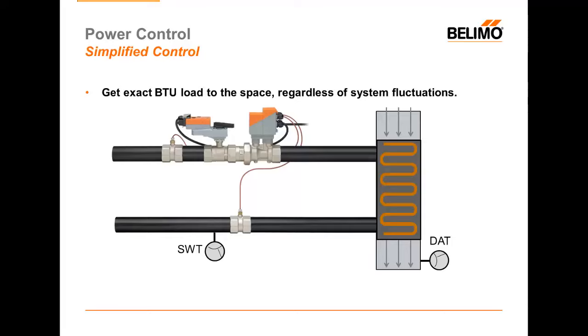When that is disrupted, the control system will notice this disruption and send a signal to the valve to supply additional water. Since the Belimo Energy valve in power control mode is already measuring BTUH, it will sense the BTUH reduction long before the discharge air temperature is disrupted and make that correction without the control system having to be involved. A similar result would happen if the air that arrived at the coil was warmer than design as well.